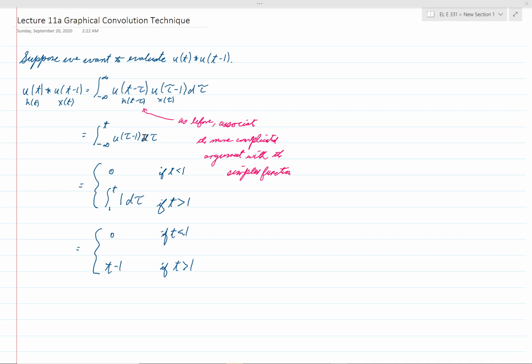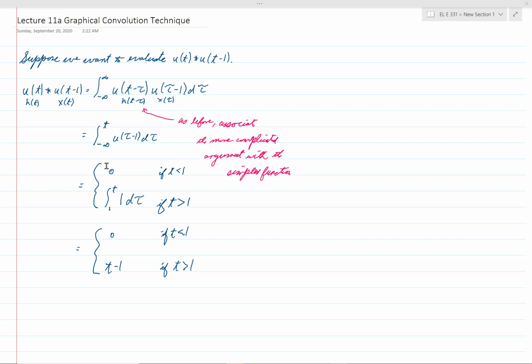So if t, the upper limit of the integral, is less than 1, the integrand never turns on. It's always 0 over this entire range of integration, and so obviously the integral would be 0. So if t is less than 1, this integral just gives us 0.